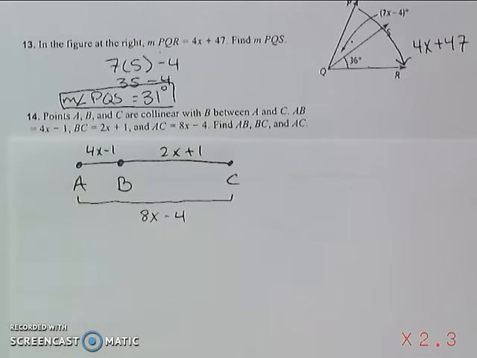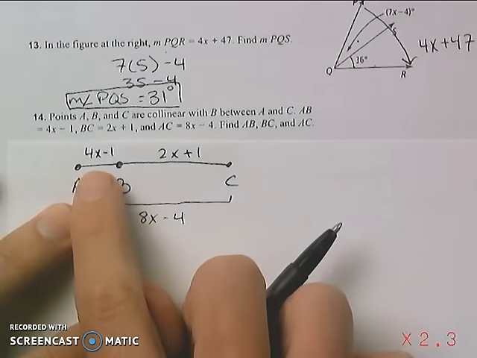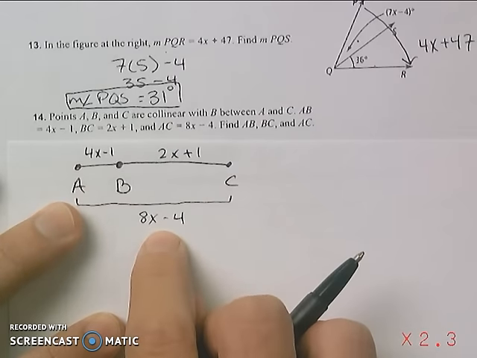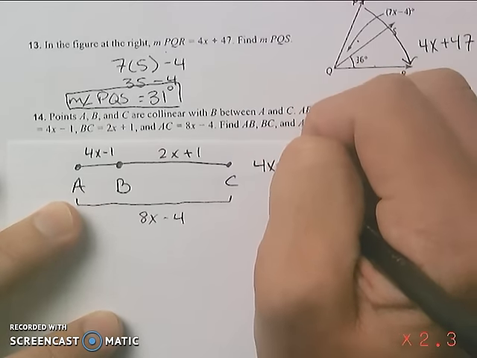Alright, now looking at this picture here, we can go ahead and find all these segments, but what I have to do is set up an equation first. Again, AB is not going to be equal to BC here, but I do know that little piece plus little piece should equal the full piece. Okay, so let's go ahead and write that equation.